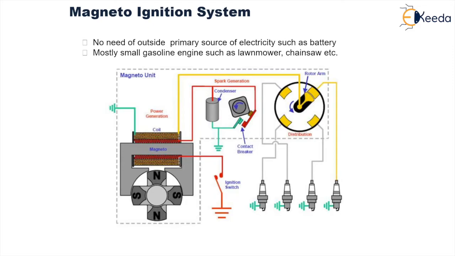This is the basic circuit of a magneto ignition system. You will find that it is mounted on the engine, and it will replace all the components of the coil ignition system except the spark plug. The principle underlying this system is that when a magnet is rotated by the engine, it is capable of producing a high amount of voltage, and for this it will not require a battery.